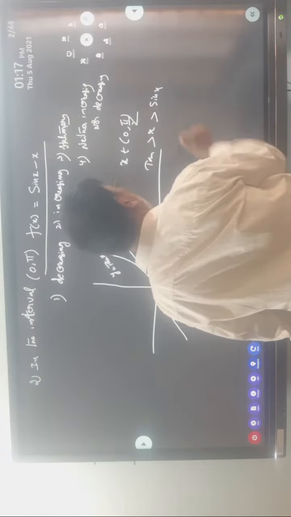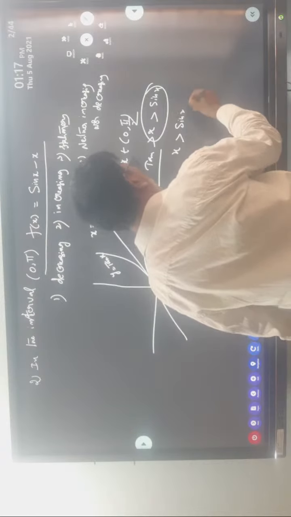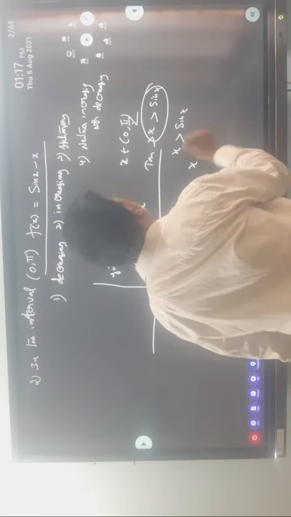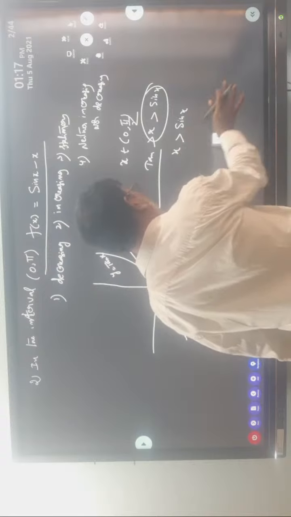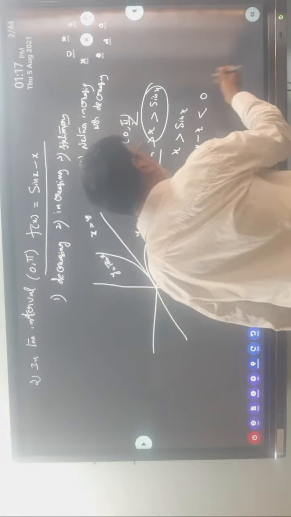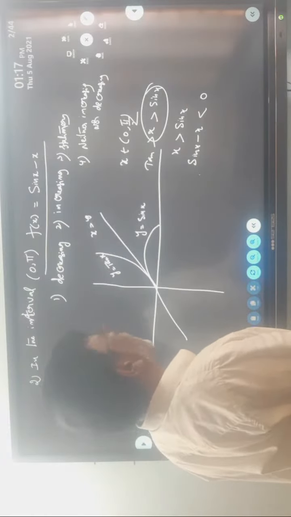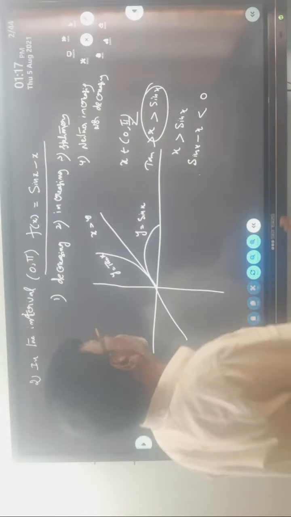So we are discussing this part only: x is greater than sin x. So taking sin x to that side, sin x minus x is always less than 0. Less than 0 means it is always decreasing. If you take the differentiation also we can easily prove that.